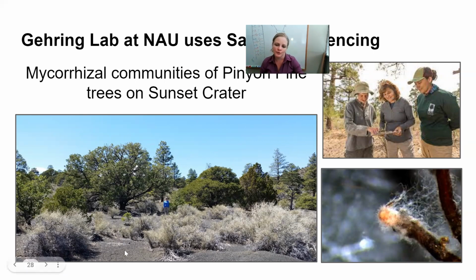And you can see that the soil here doesn't really look like soil very much. It's kind of like just black cinders. And it gets really hot there, and it's really dry. And the cinders don't hold on to the water. It just goes straight through. So this is a really harsh environment for these plants to try to live in.